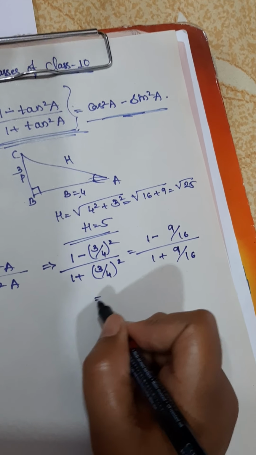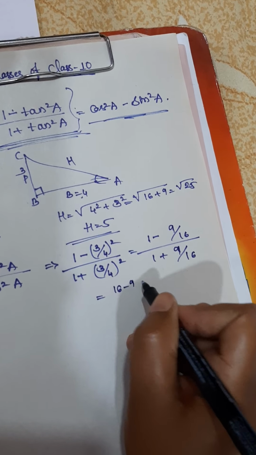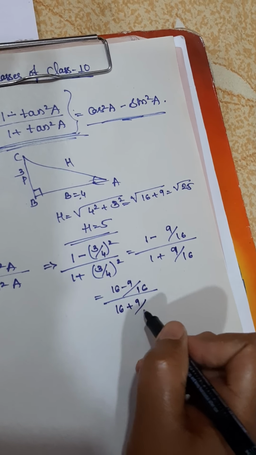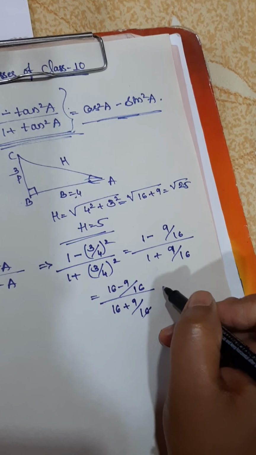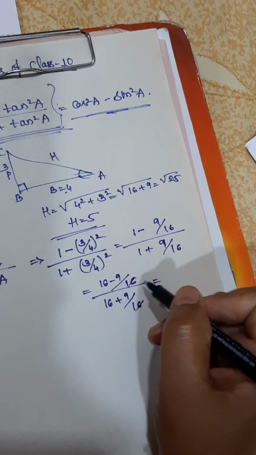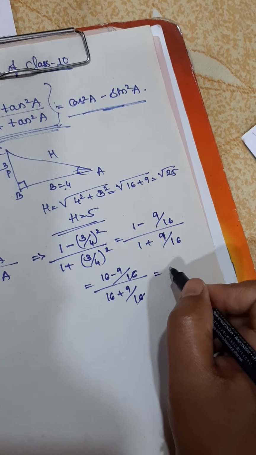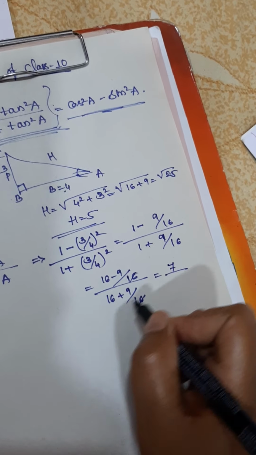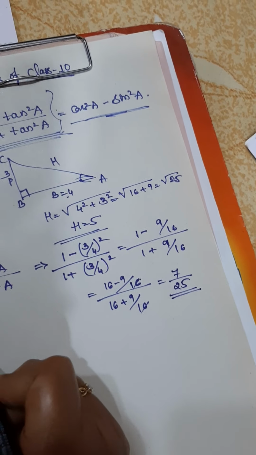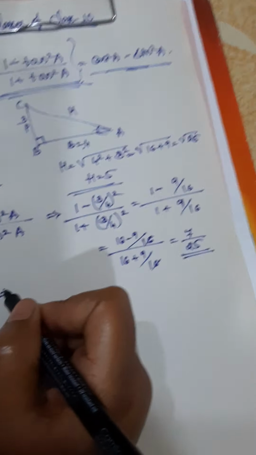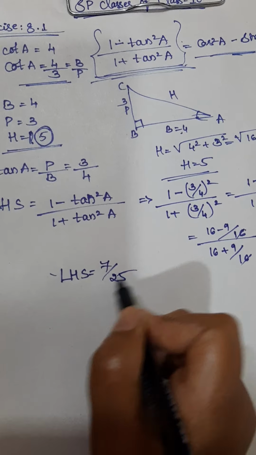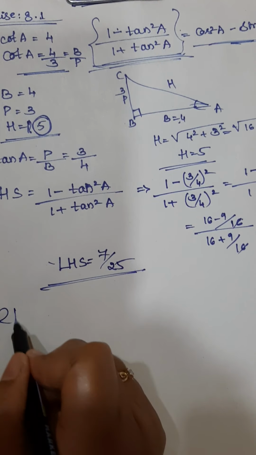In this, 16 minus 9 divided by 16, over 16 plus 9 divided by 16. The 16 cancels. 16 minus 9 is 7 and 16 plus 9 is 25. So we got LHS is equal to 7 by 25.